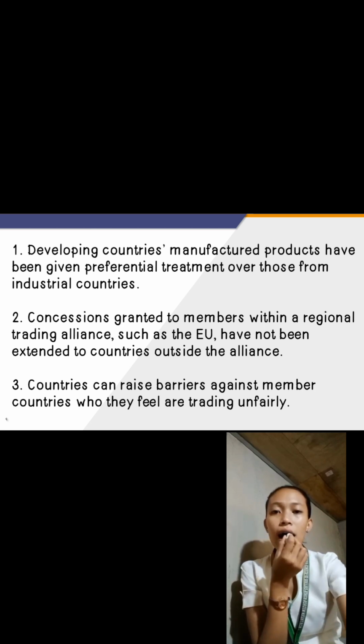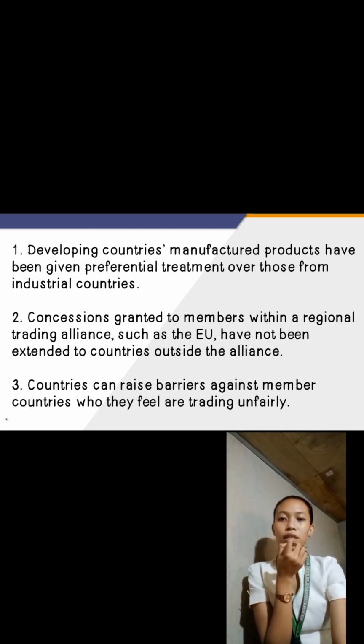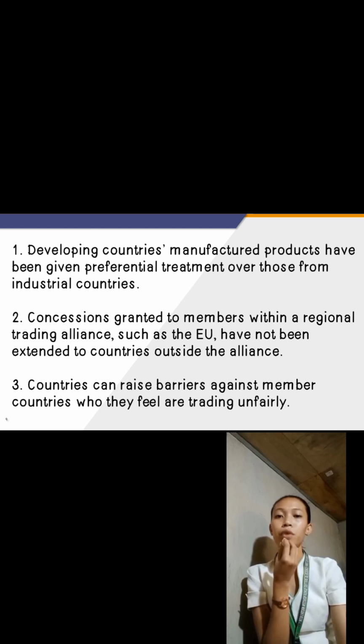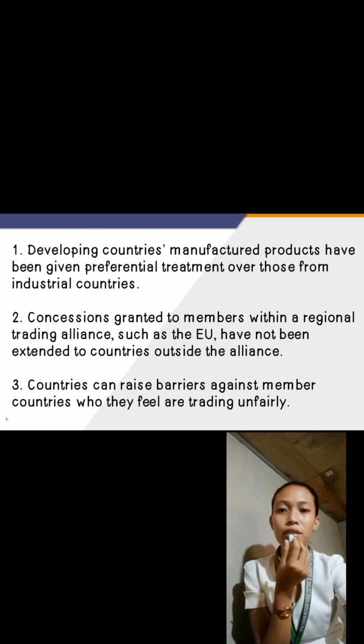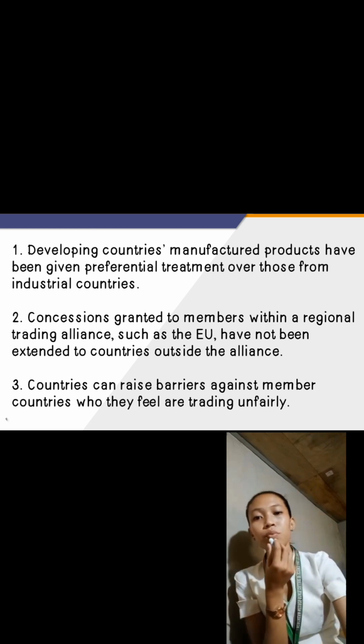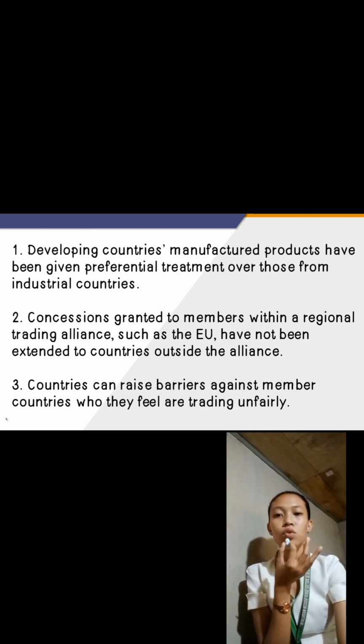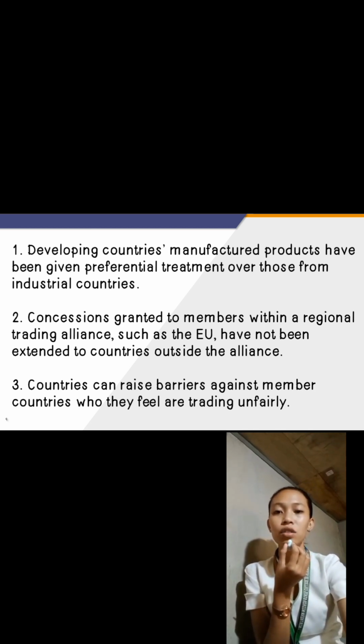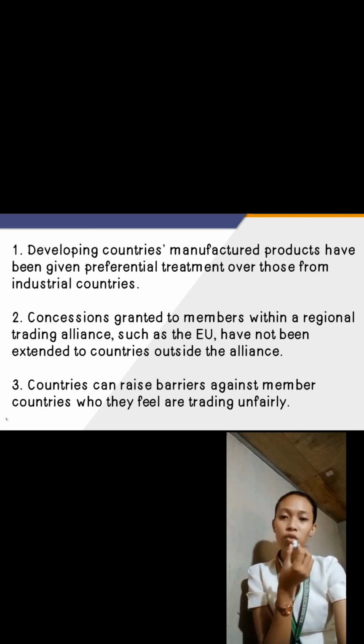But countries outside the European Union, like Japan, don't get these advantages when they sell their products to the European Union. This happens because some groups of countries want their transactions to be smooth, since their trade is only among group members.